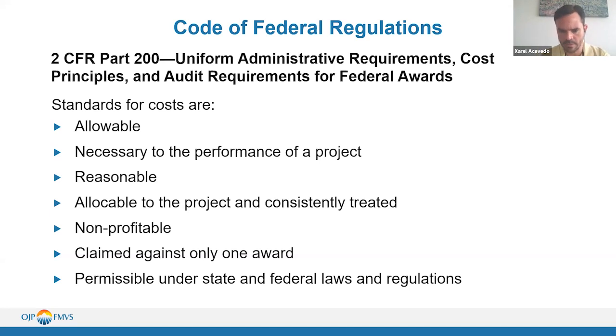What we mean by this is that if a cost is assigned as direct, it has to be treated as direct for the rest of the program. And you cannot start switching back and forth between these classifications. And we're going to talk about direct and indirect classification in a little bit, okay?